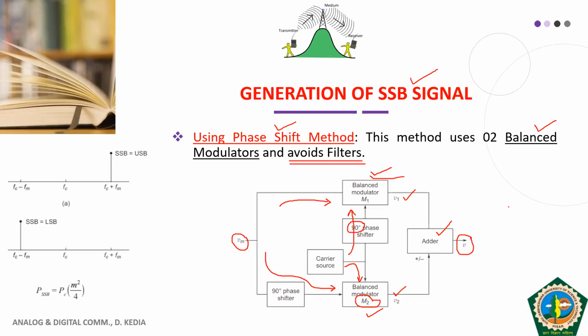So a very straightforward block diagram for the phase shift method. We will now prove mathematically that the output of this phase shift method gives us a single sideband signal. So let us move forward.